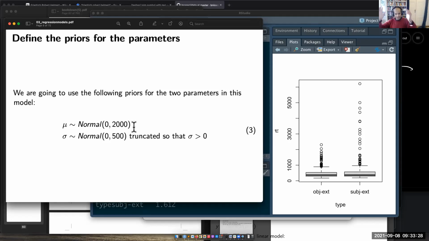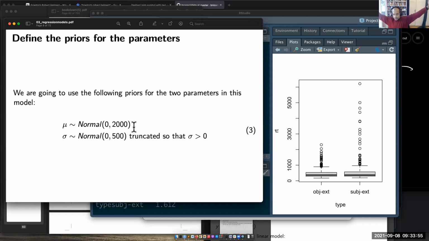Why? Because the prior says that we are 95% sure that the mean reaction time mu is going to range from minus 4,000 milliseconds to plus 4,000 milliseconds. Not very sensible. Why? Because mu cannot be negative. I know that, right? But what I want to show you is that nothing bad is going to happen if you choose such a crazy prior.